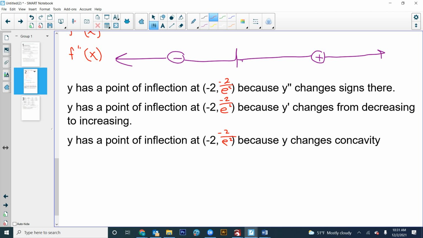Make sense? For justification, you don't want to put the exact point. We can't just say x equals -2. It'll tell you on the quiz. If it doesn't say just give me the x value, it wants the y value as well.